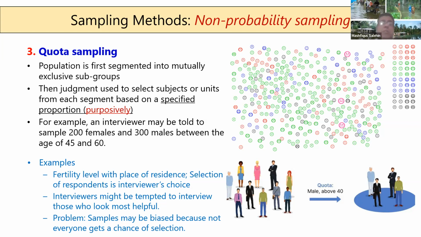In that case, this kind of quota sampling would be very useful. Of course, it would always be better to go for random stratified sampling to make it more representative of your population, and to enable you to do statistical analysis, which would give you a much better understanding of processes or relationships between different variables. So that would be one example of quota sampling.